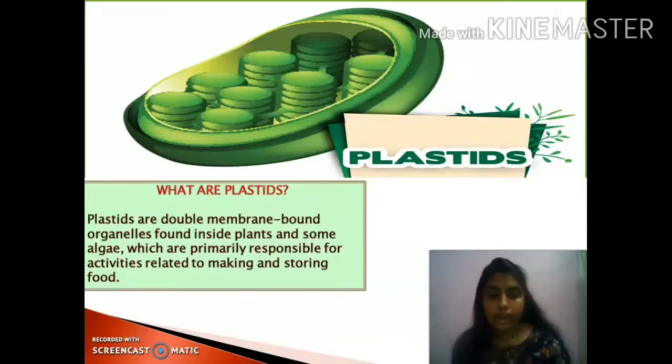These are basic structures within the cell which are bound by two membranes, so they are termed double membrane structures. They are generally found in green plants and some algae, but absent in animal cells. Clear? Their main function is to synthesize and store food in plants. Clear?